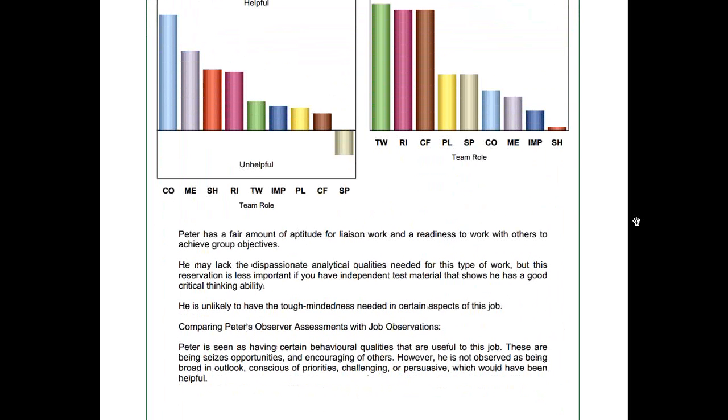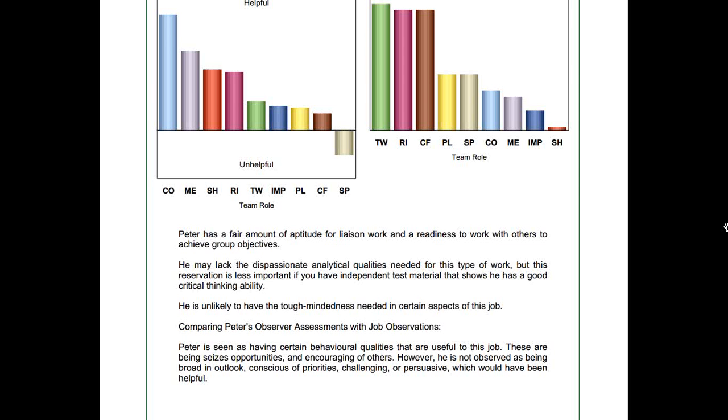So it says Peter is seen as having the behavioural qualities, and it lists they are seizes opportunities, encouraging of others. Those are some of the qualities that probably fit within, identified within the resource investigator. However, there are other qualities, which some of those are related to the coordinator.